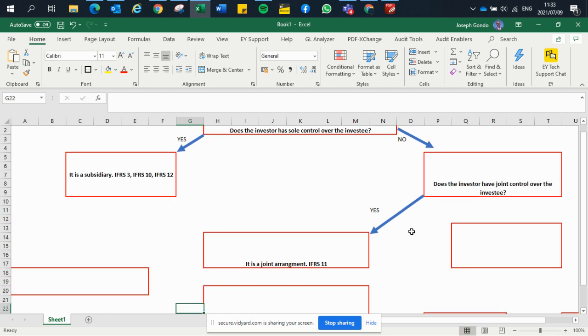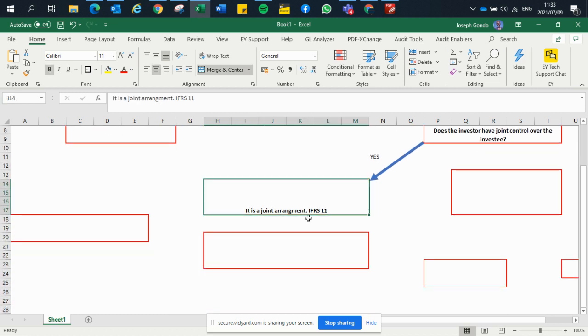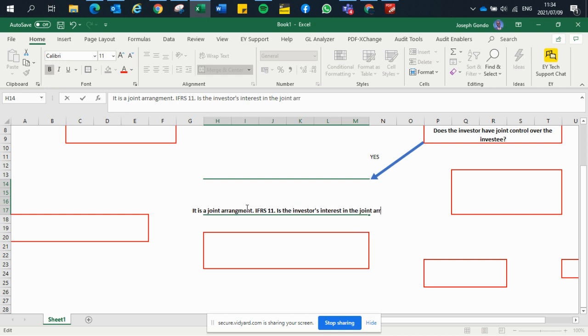Okay. Again, when you have a joint arrangement, you have to ask yourself another question: does the investor's interest in the joint arrangement involve rights to the assets and obligations to the liabilities?